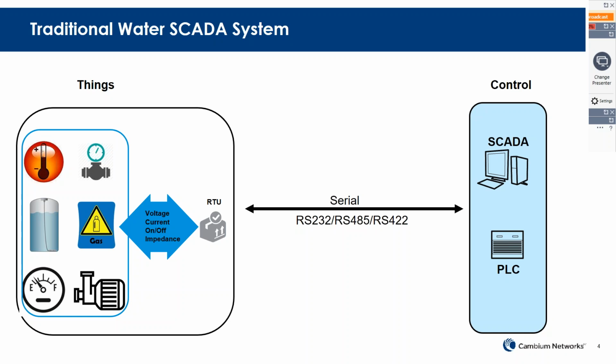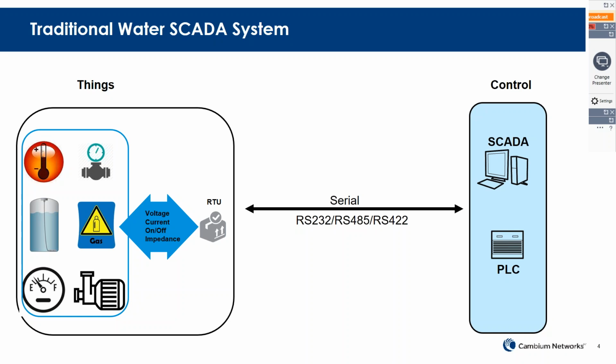So for longer distance, you can have RS-485 or RS-422. RS-485 and RS-422 allow longer distance. The maximum distance is 4,000 feet, which is still somewhat not very long, but it's better.